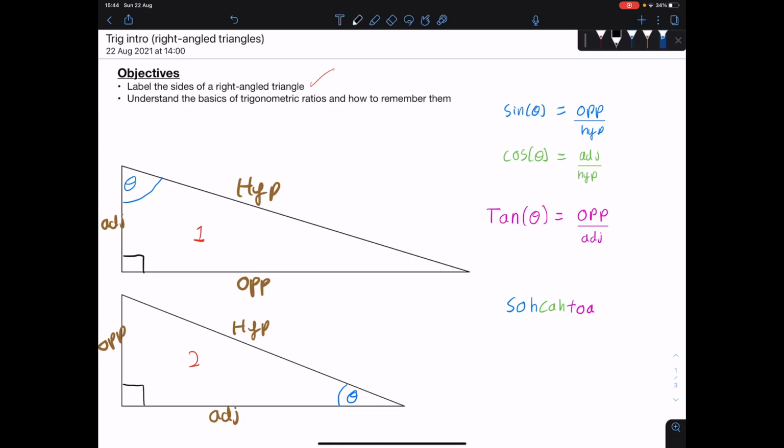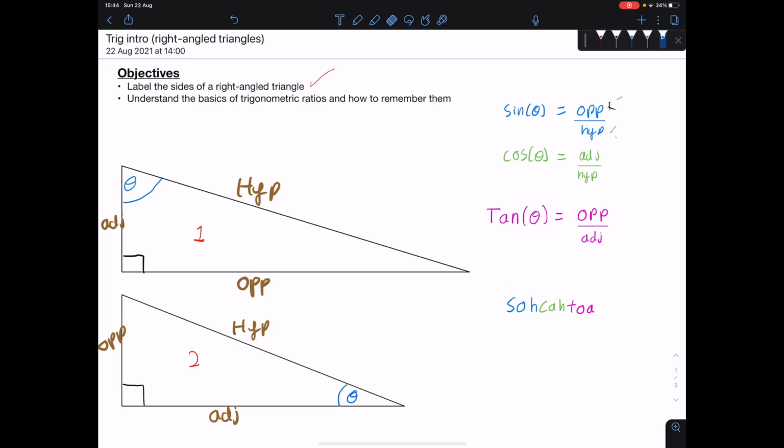So if we look at the first 3 letters, which I've labelled as blue, we have SOH, and unsurprisingly, S stands for sine, O stands for opposite, and H stands for hypotenuse. So you look at the first letter, and you see S, so you have sine of theta. And then that is equals to the opposite, so O here, divided by the hypotenuse, so H here.